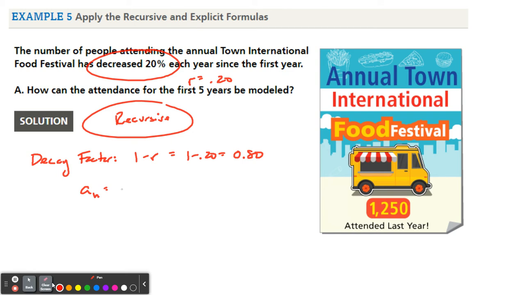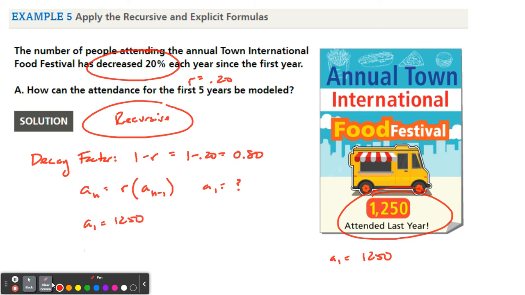Okay, so here's my recursive formula: a sub n equals the common ratio r times a sub n minus 1. And then they want you to identify what a sub 1 is. Well, a sub 1 is given to you right here. This is the amount in the first year. So 1250 is going to be our a sub 1.